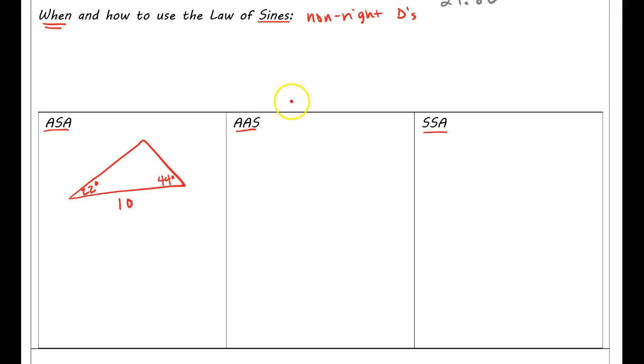Now, an angle, angle, side. What would that look like? Well, let's start in this same corner. Now we'll call it, let's say, a 35, okay? If it's an angle, angle, side, they have to give me an angle, then another angle right next to it. Doesn't matter which one. Let's pretend it's this one. And we'll do like 65 up there, okay?